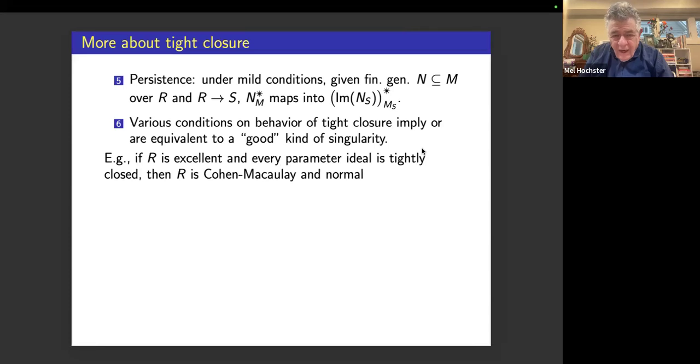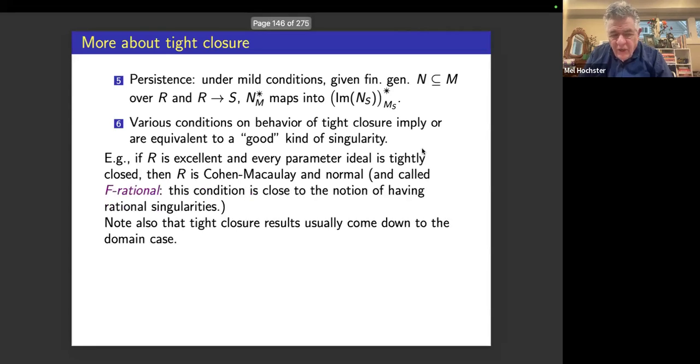For example, if every parameter ideal is tightly closed, that implies R is Cohen-Macaulay and normal and is called F-rational. And that's close to the condition of having rational singularities. I'll also note that tight closure results usually come down to the domain case. Very often they're stated with reduced, but one immediately reduces to the domain case.